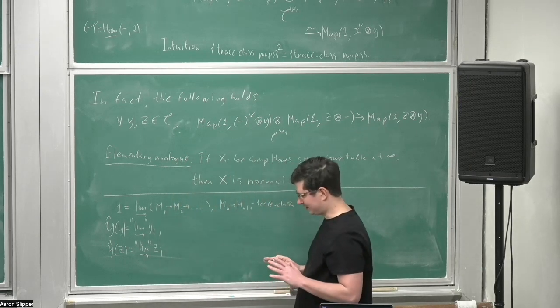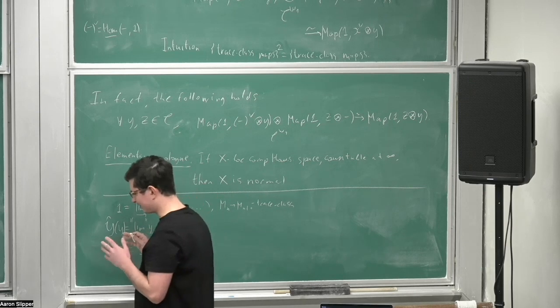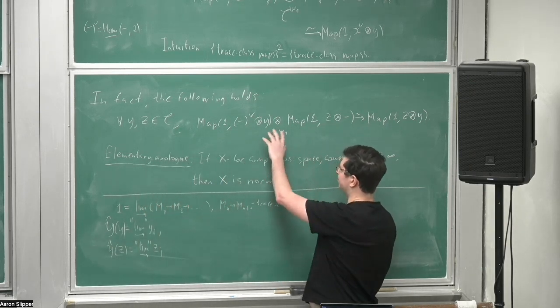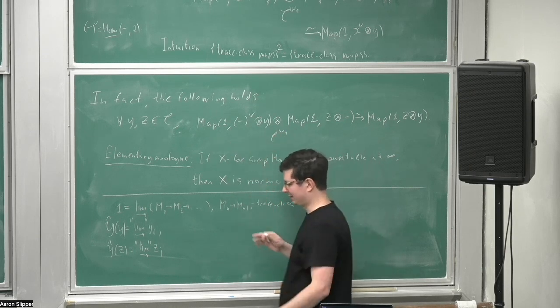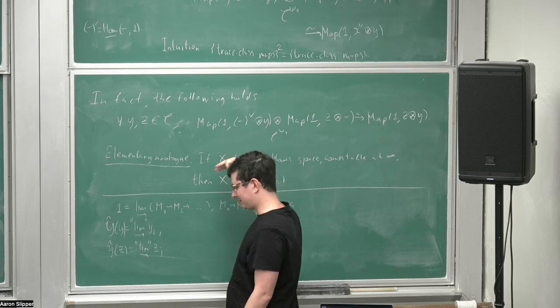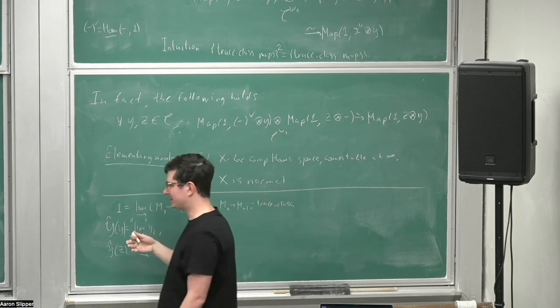Then you can try to compute the tensor product by expressing both functors as filtered colimits of representable functors.